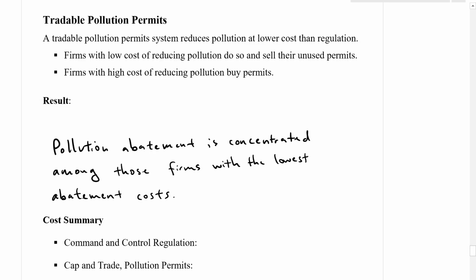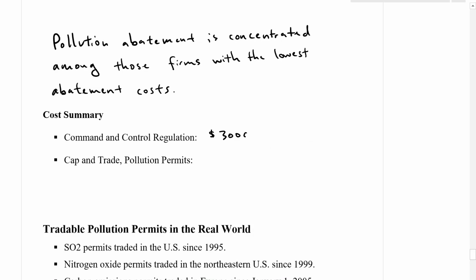All right, and again, the cost summary under the command and control regulation, that was costing $3,000. Tradable pollution permits, that was costing $2,000. Okay, so a much more efficient system, and it is the market-based system.